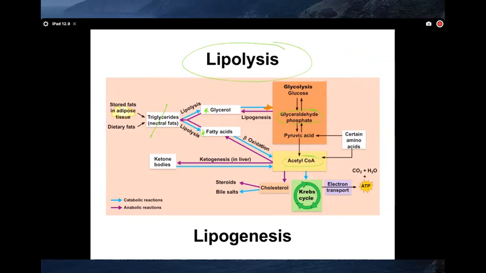Fatty acid is going to be transformed into acetyl-CoA. Then both will be passing through the Krebs cycle to produce the ATPs that I need in my cells by allowing their hydrogen to travel through the electron transport chain. Any problem here?